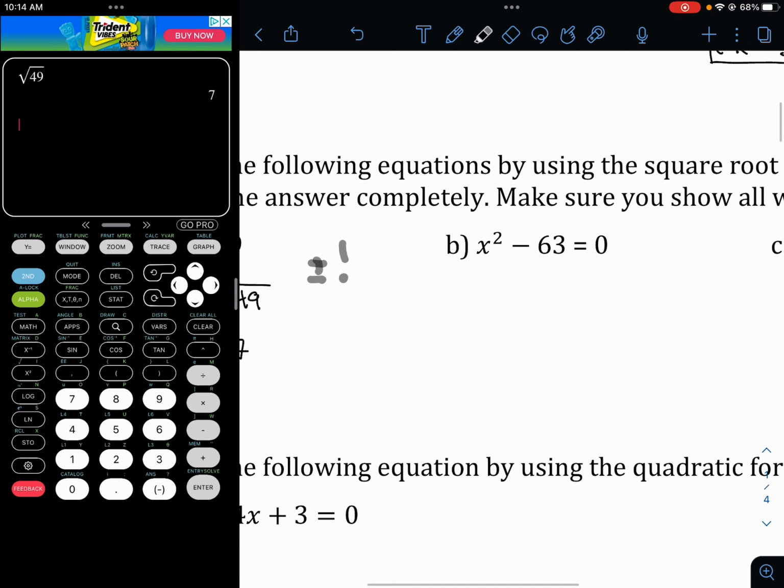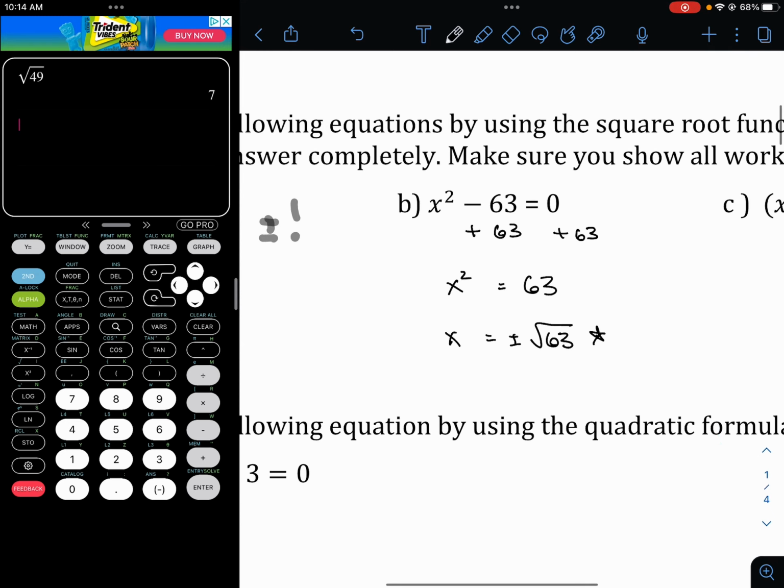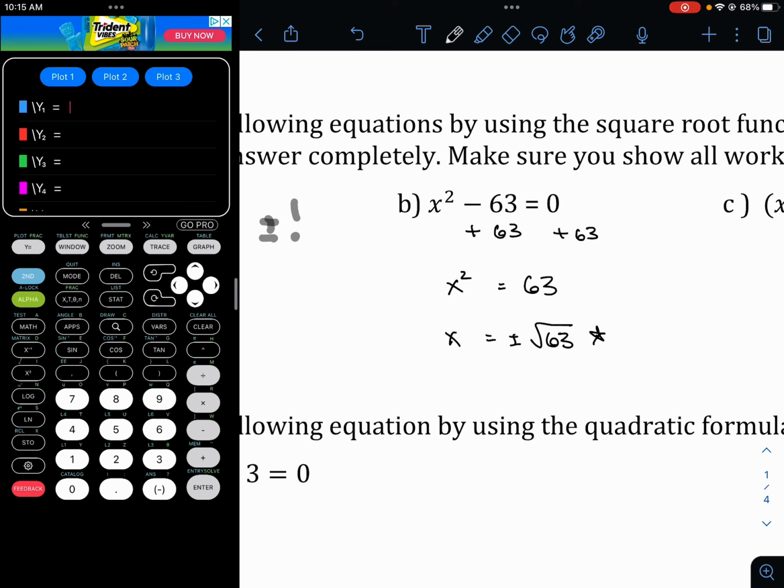For letter B, what you want to do is before square rooting, you want to add the 63 over. Add the 63. So set it equal to 0. Then you can take care of the plus or minus root of 63. And we have an extra little thing. You want to reduce those radicals. So in this case, go in and put 63 divided by x squared.